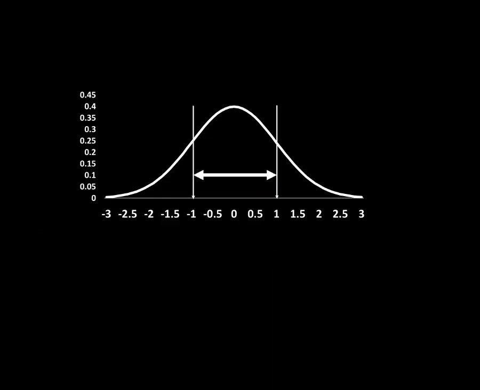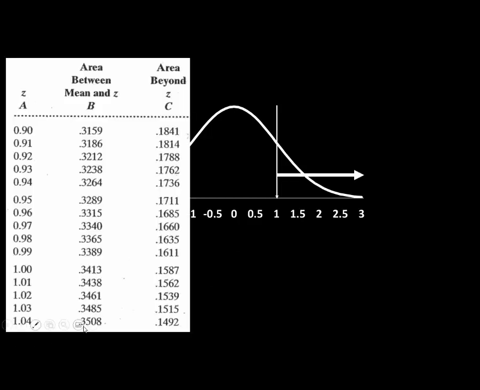Now we can also do it another way. We could do it another way by looking up the probability of getting something between the mean and the z-score that I'm looking at. So that's the probability of getting something between here and here. And then we can see that's 0.3413 for the z-score of 1. And I can just add to that then, because I know that the normal distribution, remember, is symmetric about the mean.